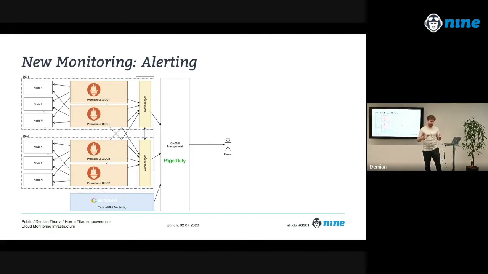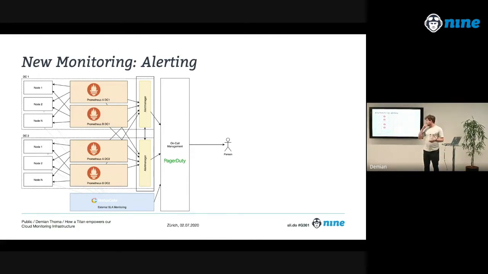And what they do, in Prometheus you define rules, right? To alert if a rule matches, then it will fire that rule to an alert manager. In this case, that's the yellow thing.